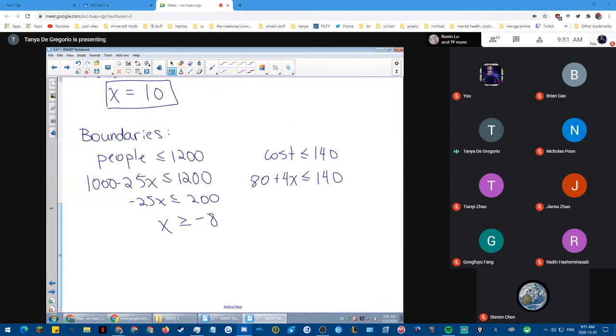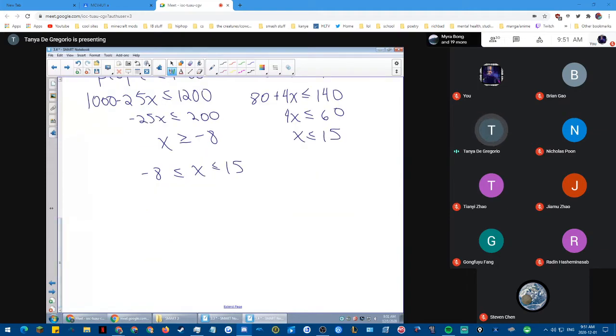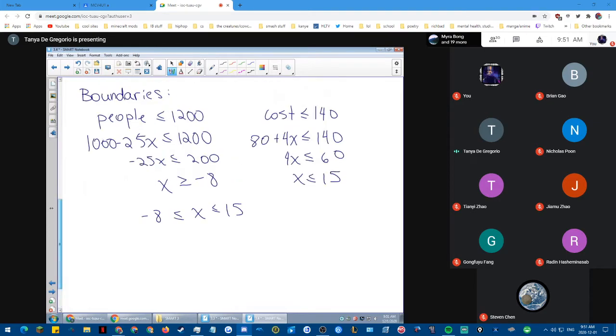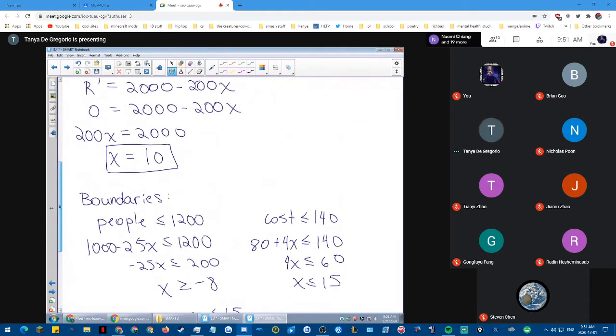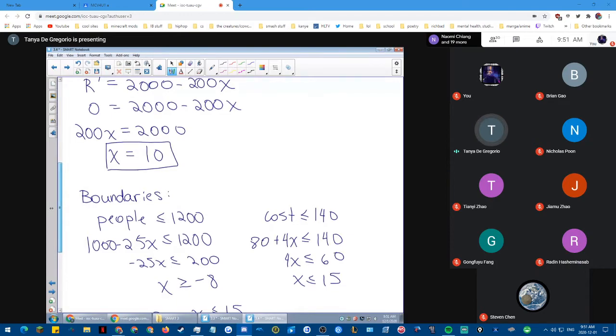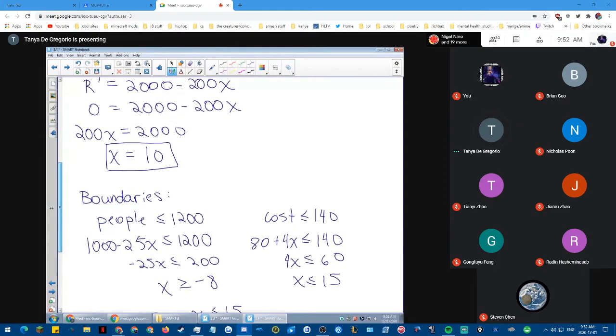Okay. Over here now, we solve. So my overall restrictions here is this. X has to be between negative 8 and 15. Our answer did fall between negative 8 and 15, which is good. It's 10, so that's good.